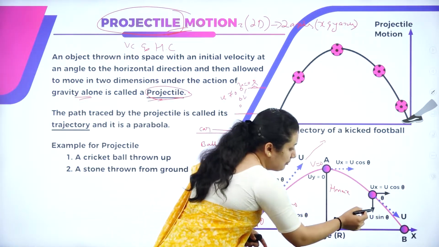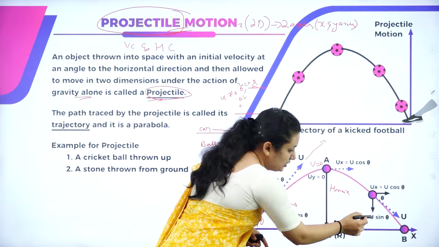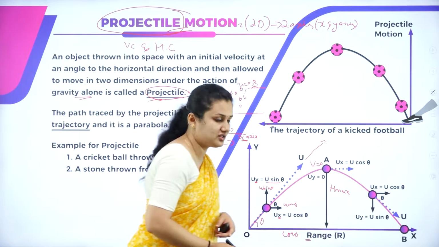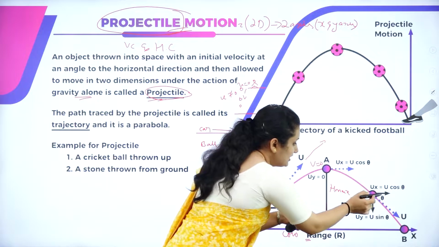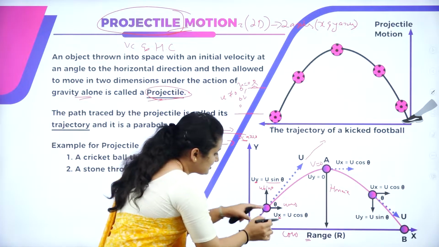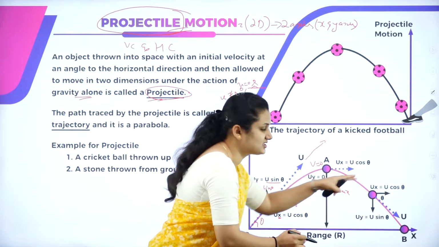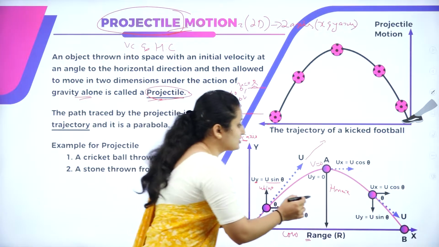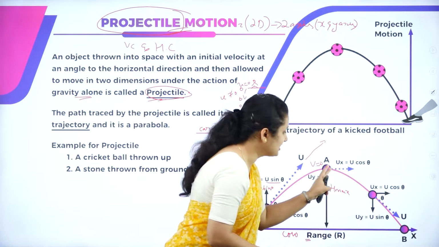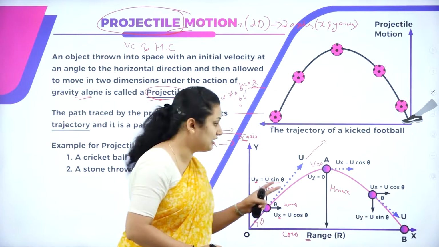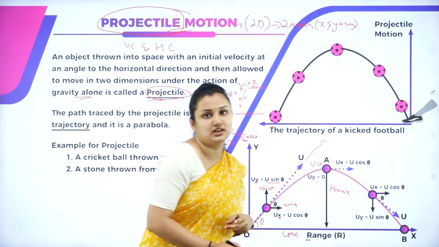So again, when you compare here, this is your u sin theta, this is your u cos theta. The u cos theta is always constant. The horizontal component is constant at every point on the trajectory.